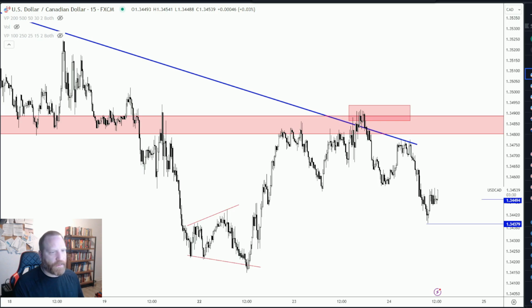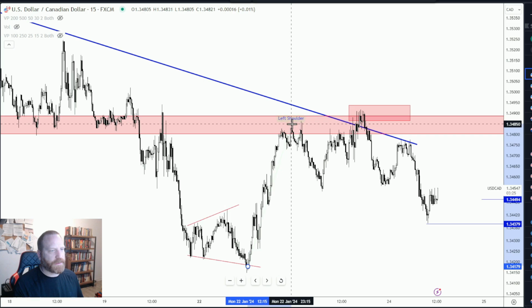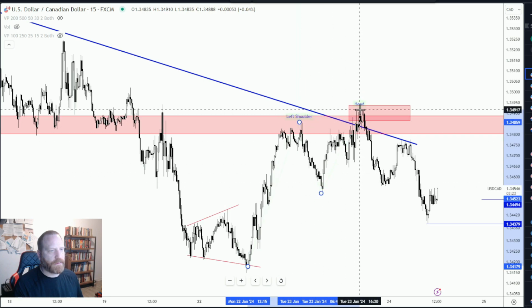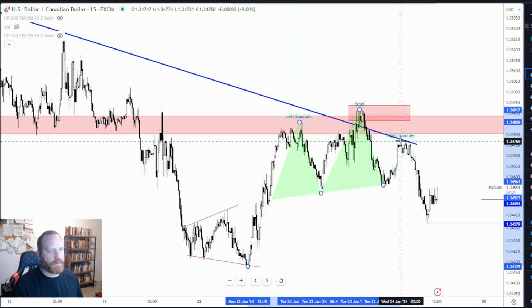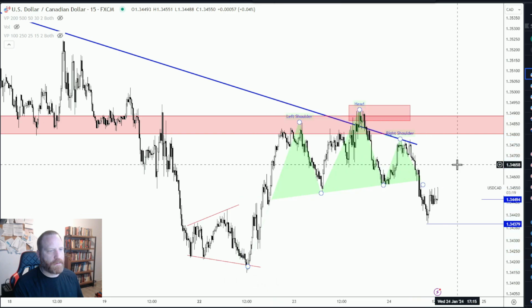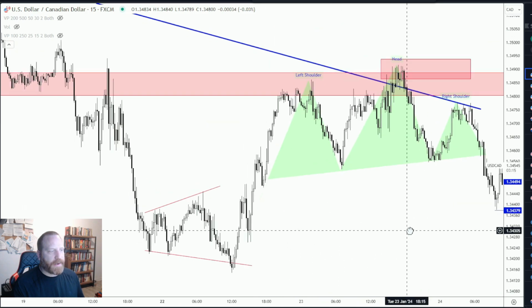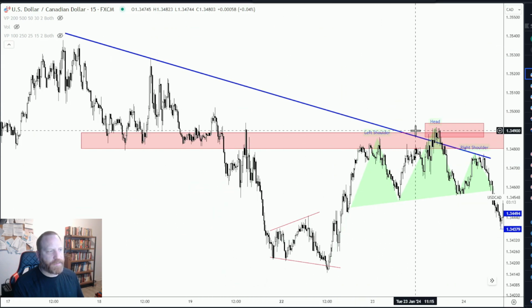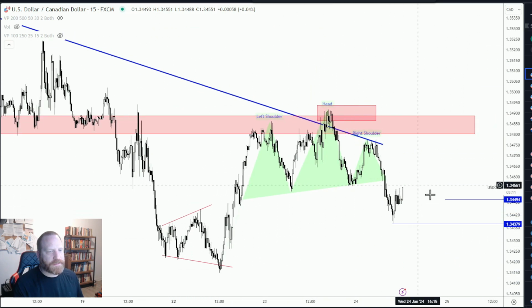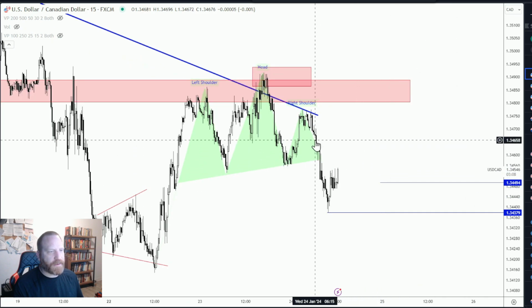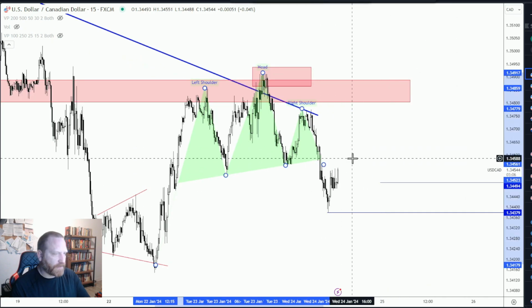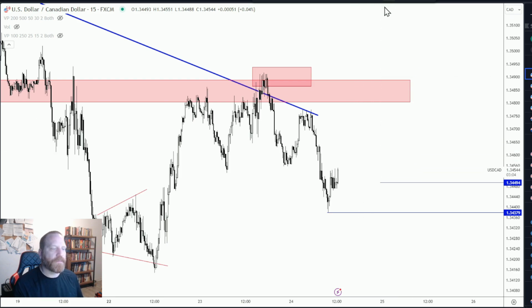The other thing worth mentioning is the apparition of yet another reversal pattern. So we're going from pattern to pattern, and this confirms to me the validity of my idea overall.